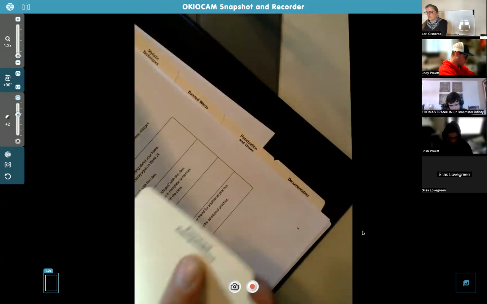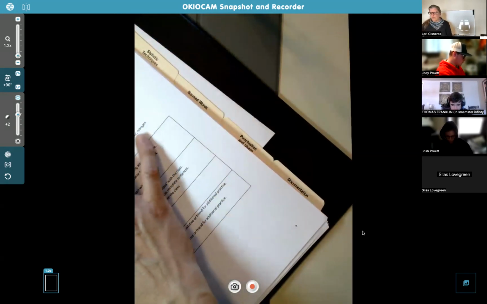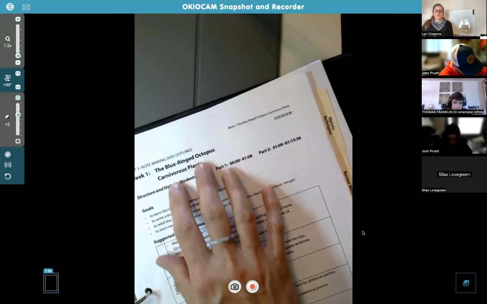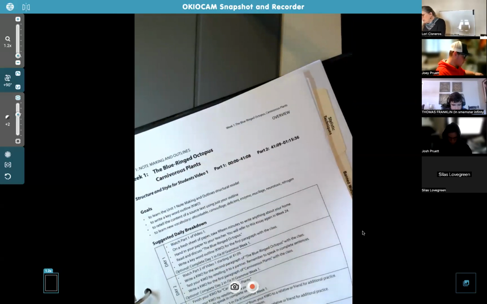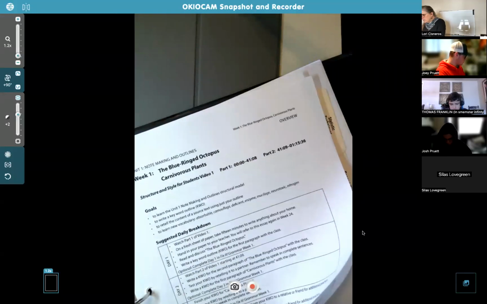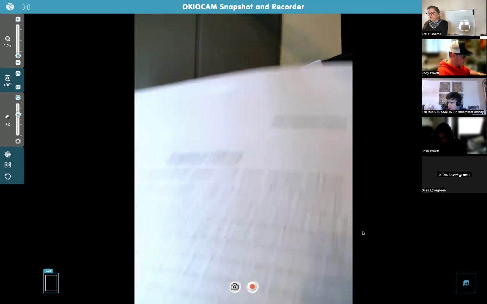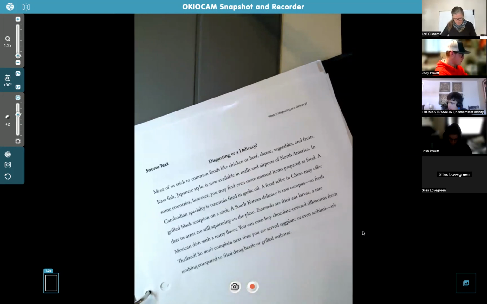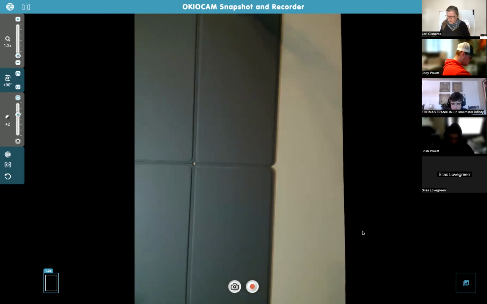So turn that page over and stick it back there. You'll also see back there the blue-ringed octopus. So put it after, behind all the stuff that you have in here, okay? So stick it behind blue-ringed octopus. Right back here. Okay. Close up your rings after that. Make sure you close them, please.